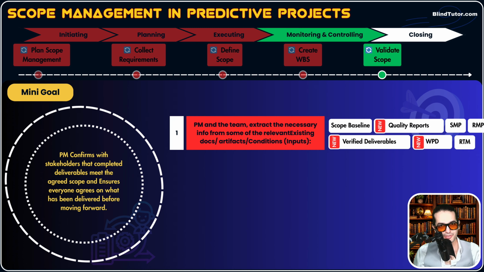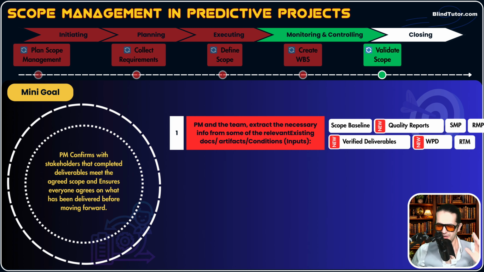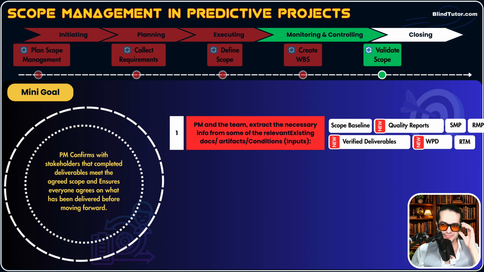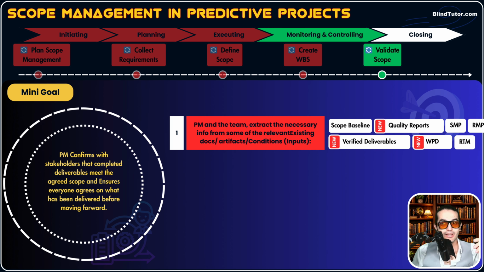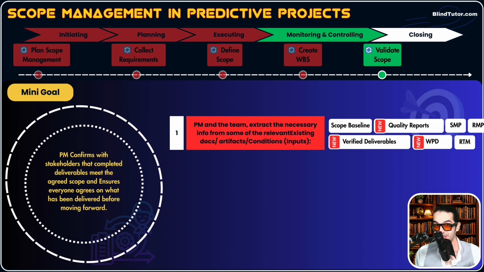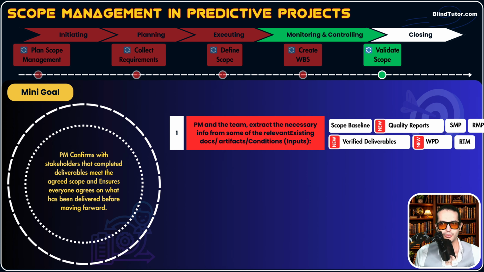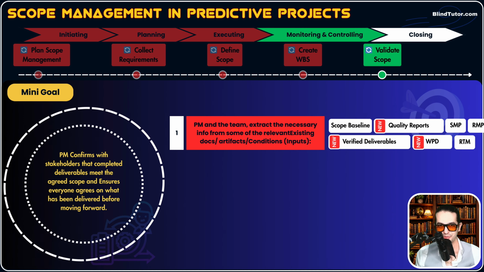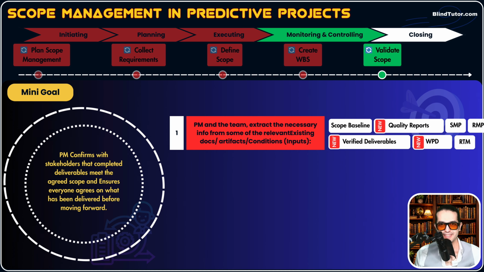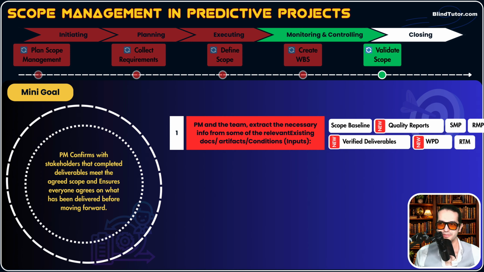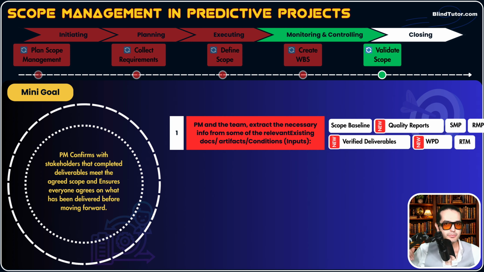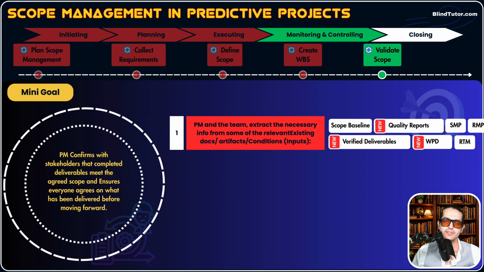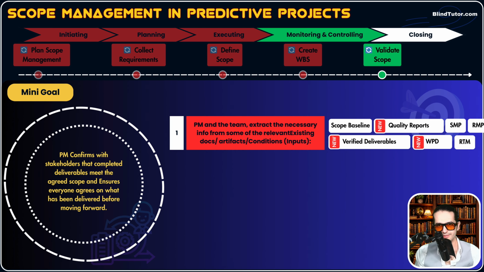That promise list is the scope baseline. That's why scope baseline is an input. We're going to dive into how inputs help us. I don't want to ruin that right now, but scope baseline is an input. Quality reports, that's why we covered it. Scope management plan, requirements management plan, verified deliverables, that's why we covered it. Work performance data, that's why we learned it in mini terms. And RTM. These are inputs, or existing docs, artifacts, conditions that you have on hand, okay?